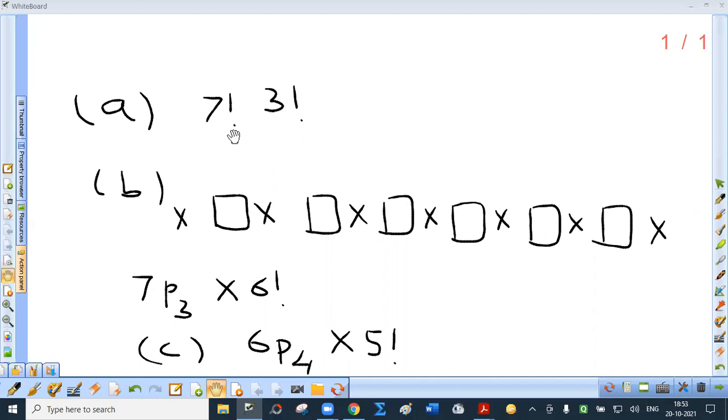Therefore, total number of arrangements equal to 5040 into 6 equal to 30240.